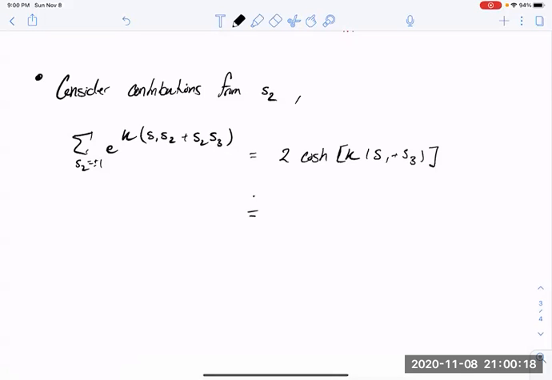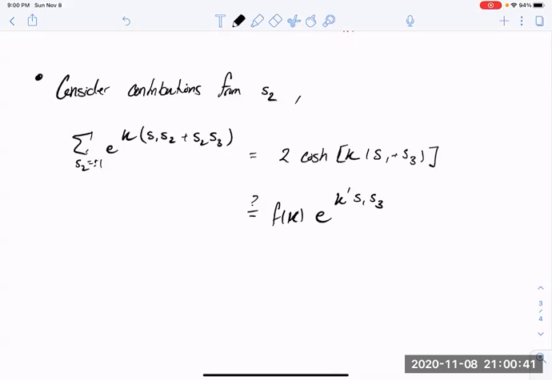Now the question is, can we write this as some exponential of K prime S1 times S3? At least, can we do so up to some constant independent of the microstate of the system?